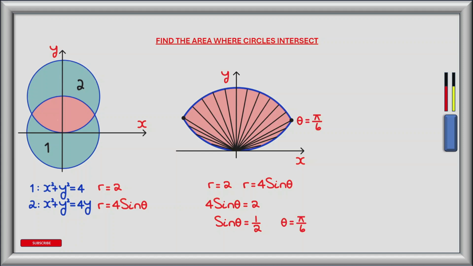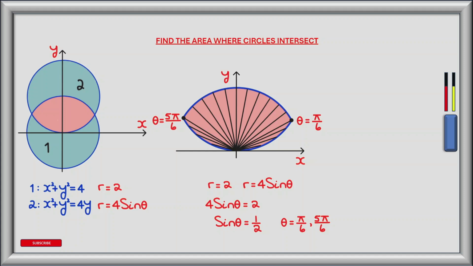As we rotate counterclockwise from theta equals 0 to theta equals pi, the first time sin theta equals a half is where theta equals pi by 6 radians. And the second time sin theta equals a half is at 5 pi by 6 radians. So we now have the two angles at which circle 1 and circle 2 intersect.